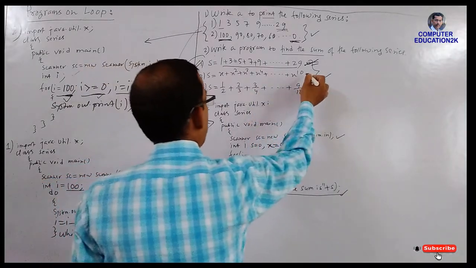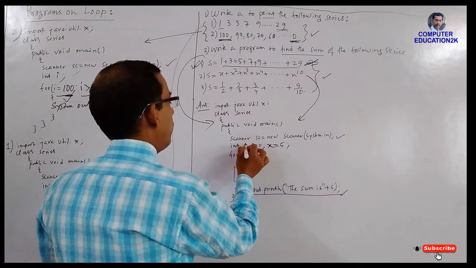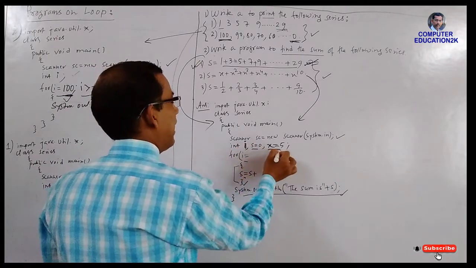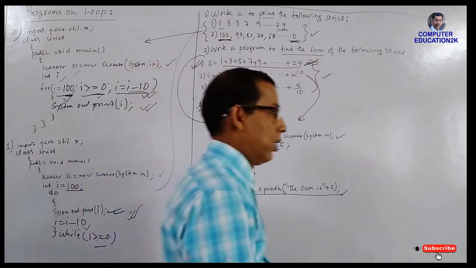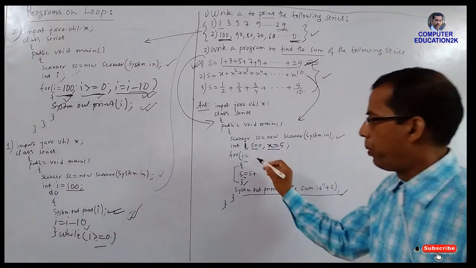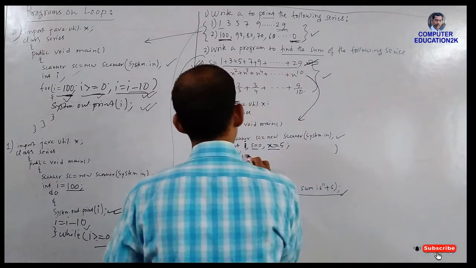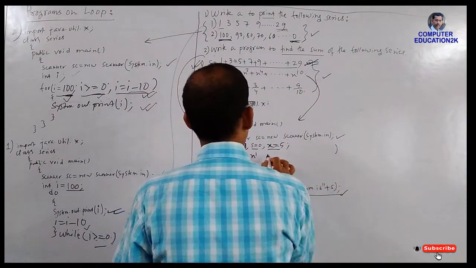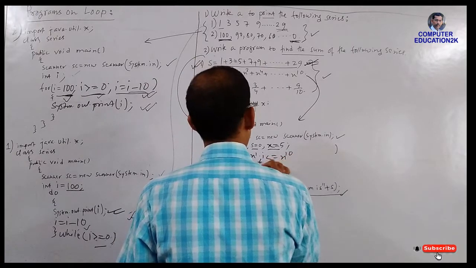So now we are doing number 2. So I have taken I for the loop, S for sum and x as is given in the question. Okay. Now how to write the loop here? You cannot write the loop as I equals to x to the power 1, then I less than equals to x to the power 10.